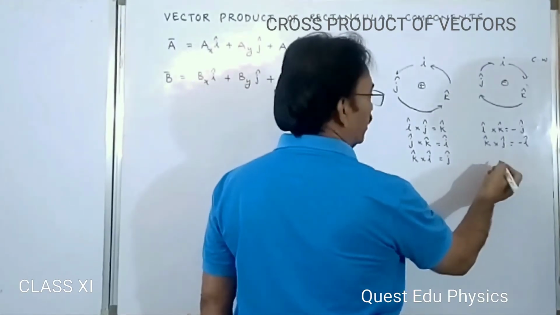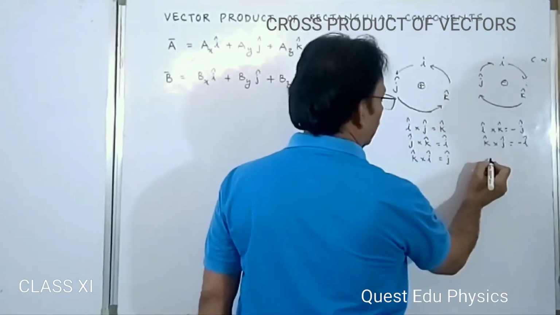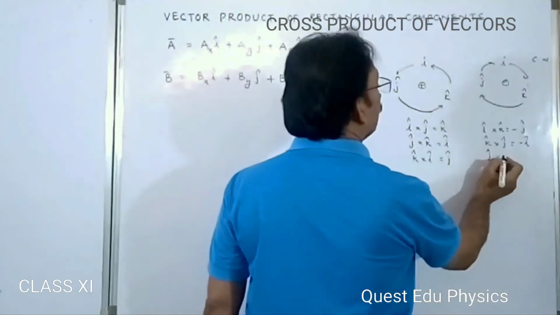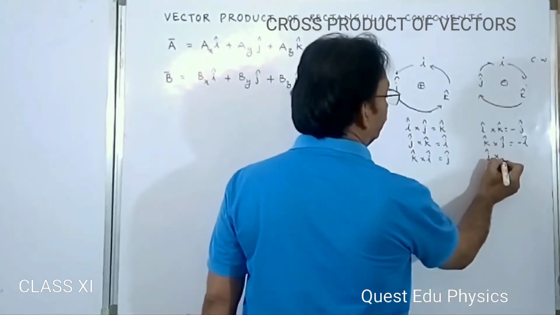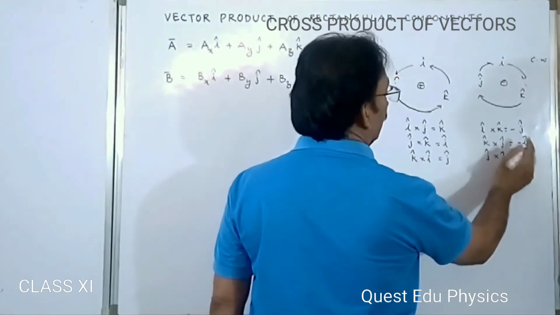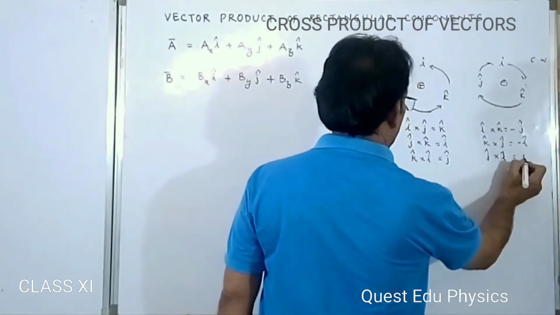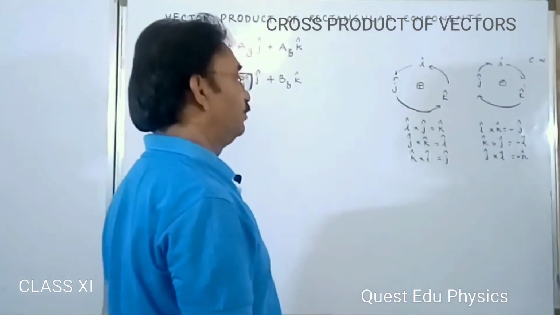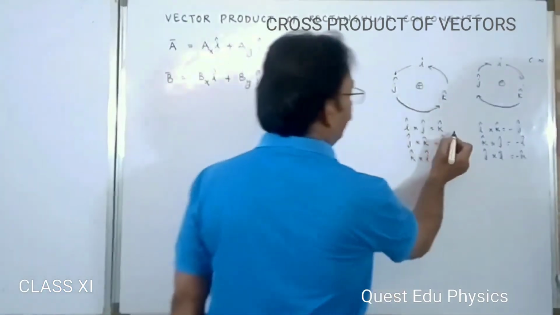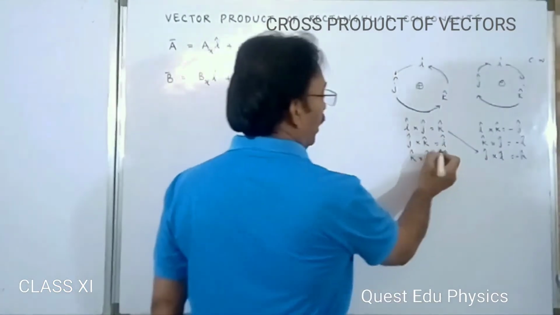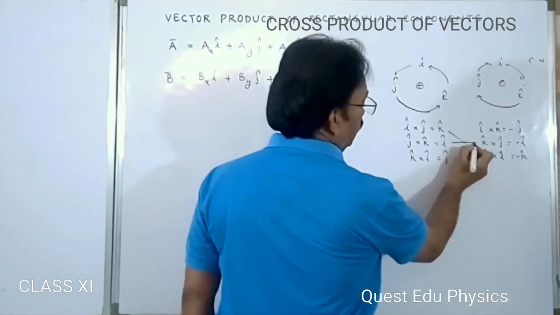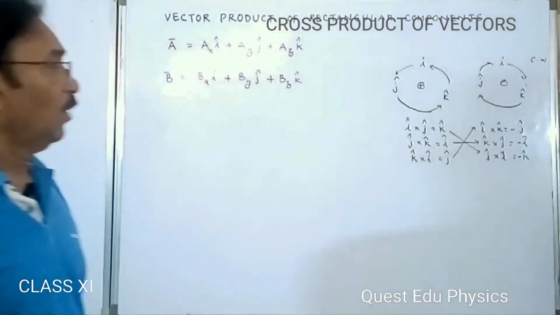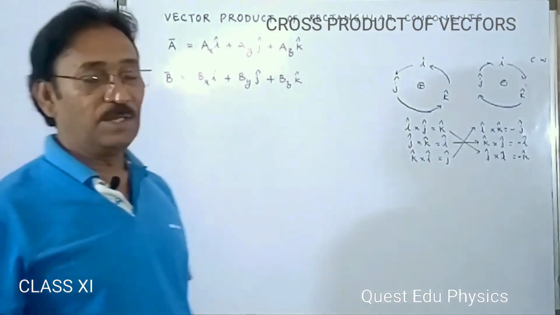See, they are just mirror reflections, and j cap cross i cap is equal to minus k cap. Here, see, watch it carefully. In such a way we did the multiplication.